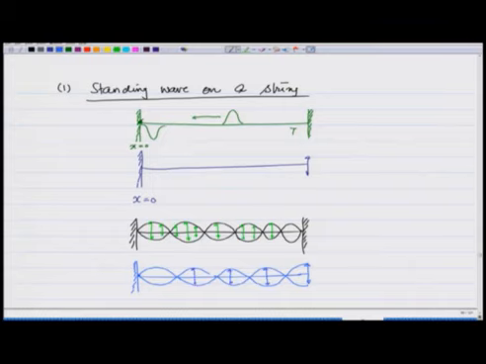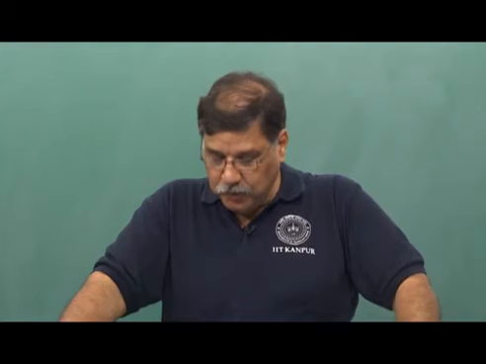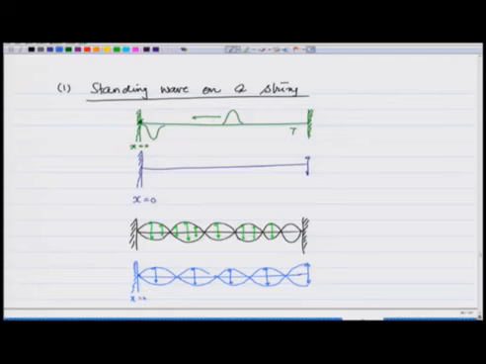So, these are two different kinds of standing waves, one with the string tied at both ends and the other with the string tied at one end and free to move at the other end. I am taking these points to be at x equals 0. So, let us analyze these mathematically and then also see what it means physically.